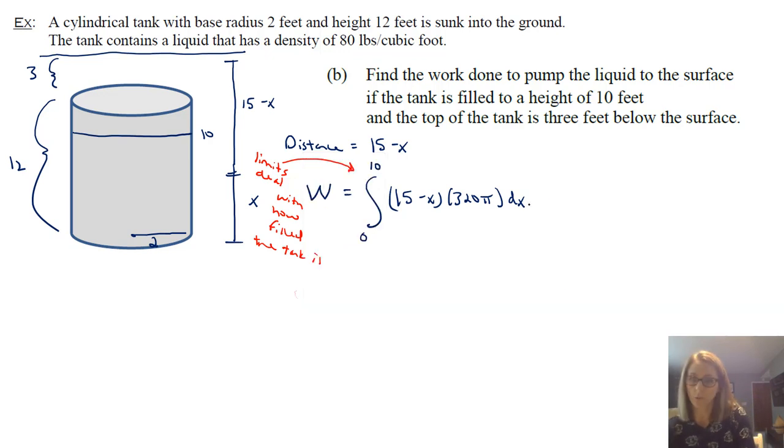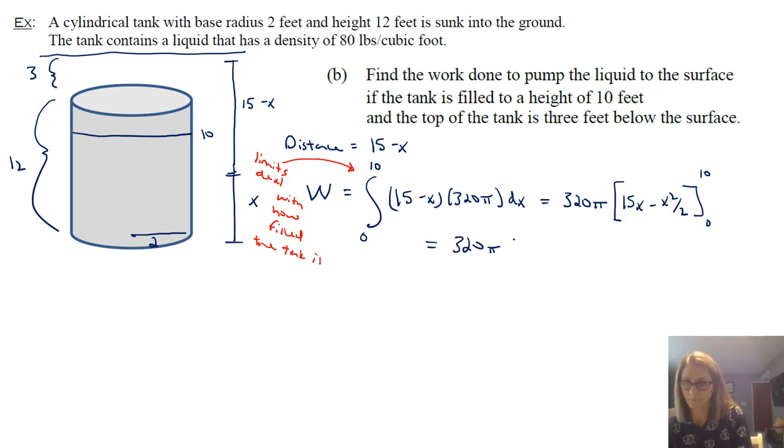It's still a very straightforward integration here. We'll put the 320 pi on the outside. We're integrating that inside, so just 15 minus x, so it'll be 15x minus x squared over 2. You're welcome to pause and see if you can do it. We're integrating from 0 to 10. So very small difference here. We'll have 320 pi.